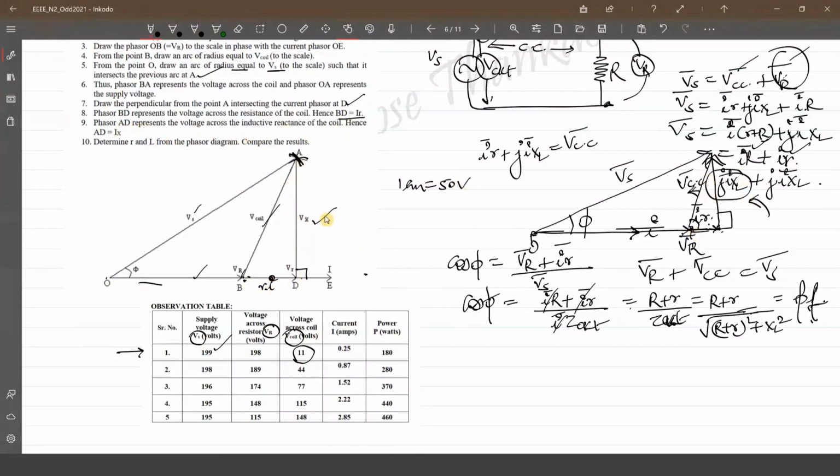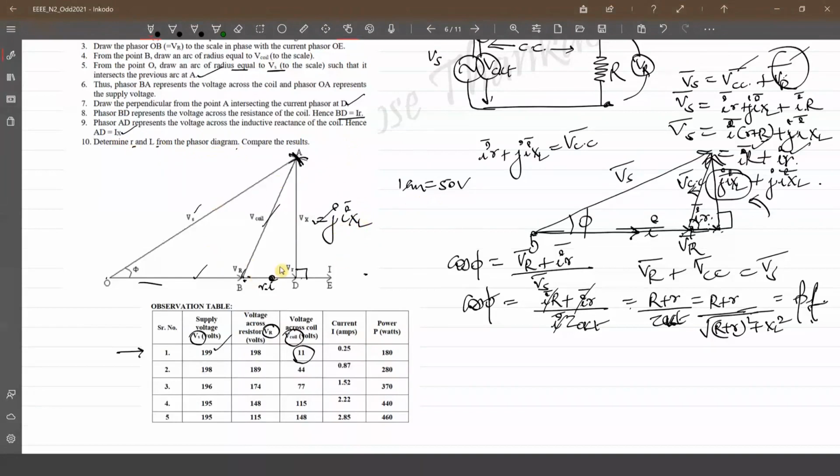J times I into XL. Vx is nothing but J times I into XL. So that is the voltage across the inductive reactance, I into XL. Determine R and L from the phasor diagram and compare the results.